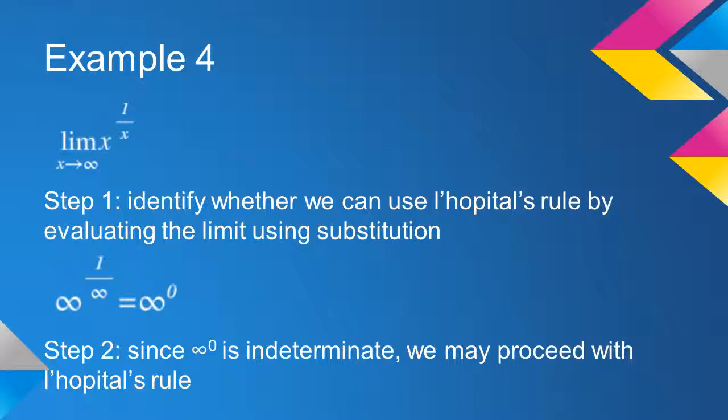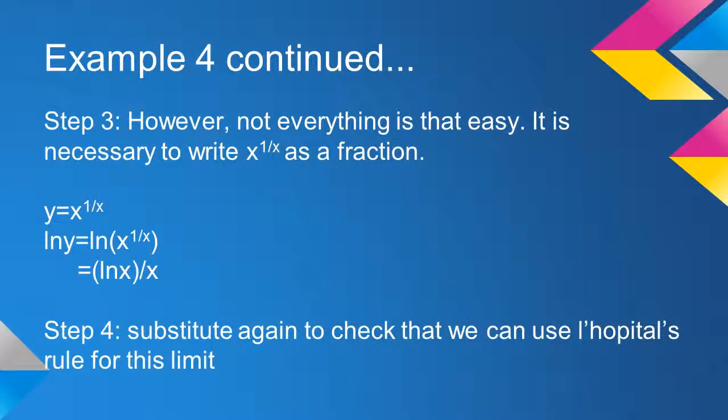But it isn't that simple, because infinity to the power of 0 isn't in the indeterminate form we want. It's not 0 over 0 or infinity over infinity. So we have to manipulate x to the power of 1 over x. We have to write it as a fraction.